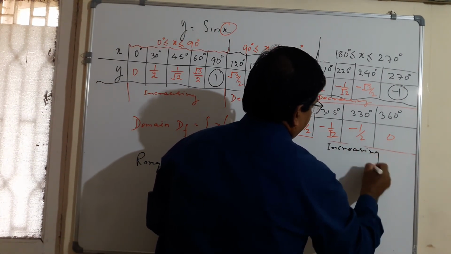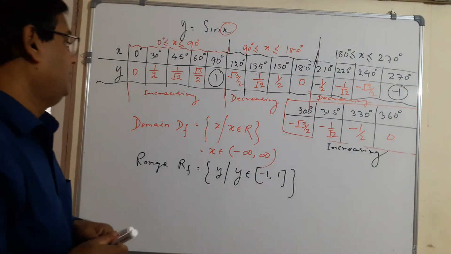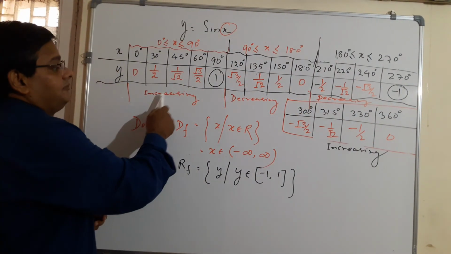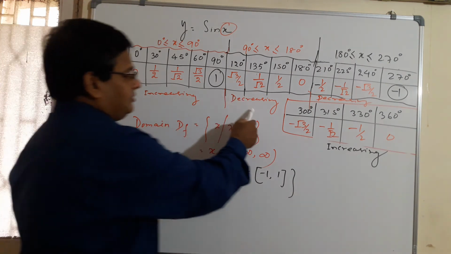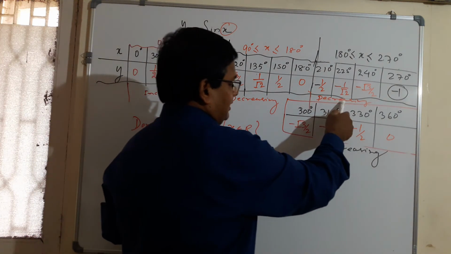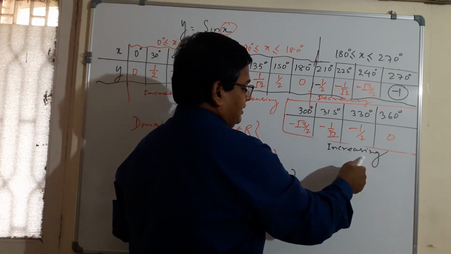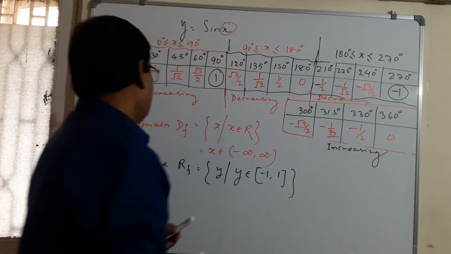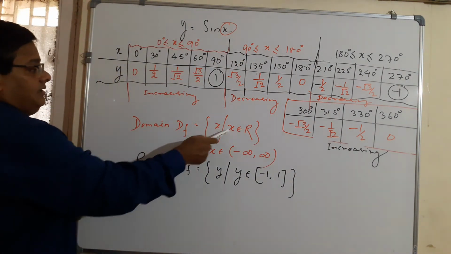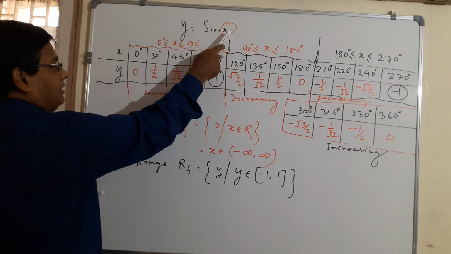So in the first quadrant the value of sine is increasing, second quadrant decreasing, third quadrant decreasing, and fourth quadrant increasing. And for the domain of x, you can put any value.